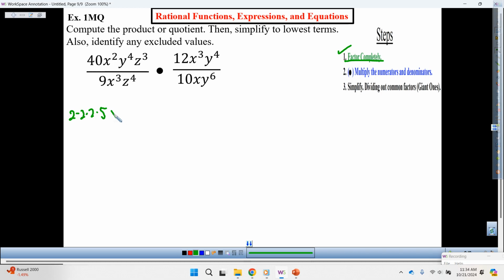And then x, x, y, y, y, y, z, z, and z. I know some of you have an easier way of doing it, but for right now I'm following this process.